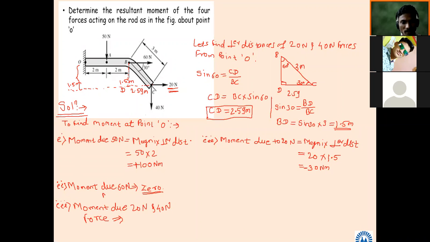Any doubt why it is minus? If you are feeling point O and this force is at some larger distance, you can show this force here also, near point O, like this, 20 Newton.